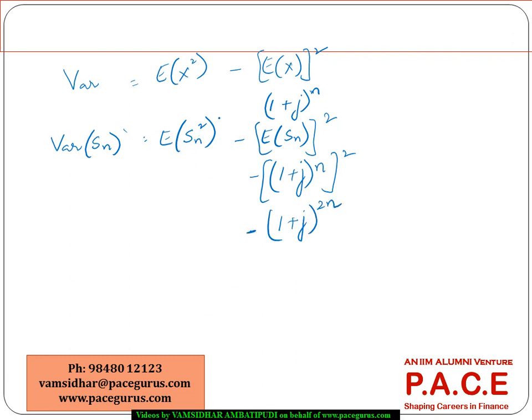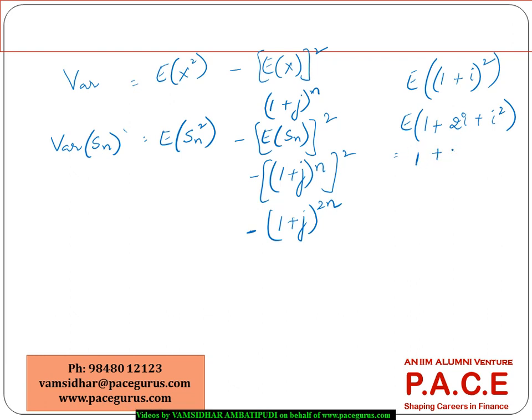Now expected value of Sn squared, if I want, it is nothing but expected value of (1 plus I) squared. 1 plus I1, I2, I3: (1 plus I1) squared, (1 plus I2) squared, so the summation of all of them. Basically I could have written it as expected value of 1 plus 2I plus I squared. So expected value of 1 is 1.